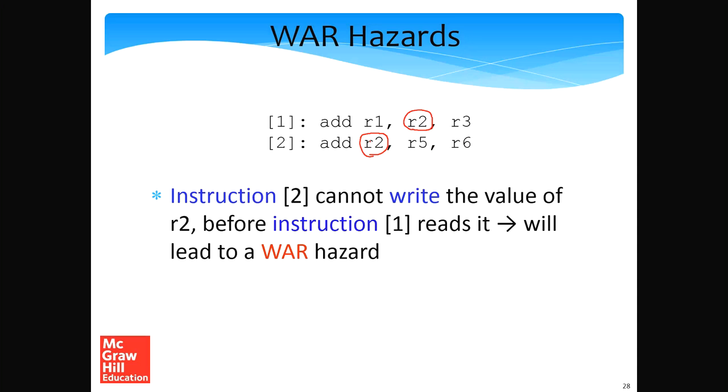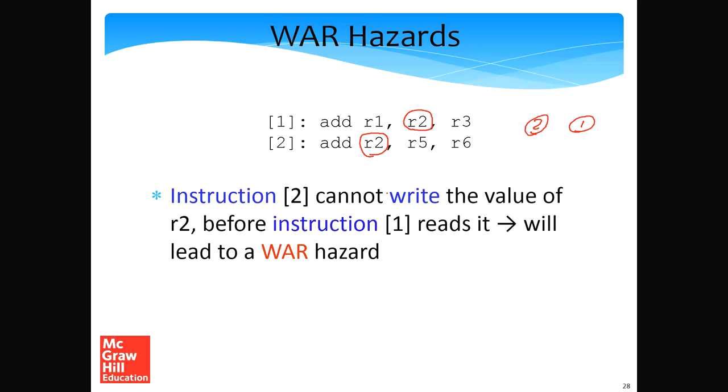In our case, we will never have incorrect execution because we do not allow instructions to overtake each other. Instruction 1 will always be ahead of instruction 2 in the pipeline. That is the reason instruction 1 will always read the correct value of R2 and instruction 2 will then write to R2 at the end.